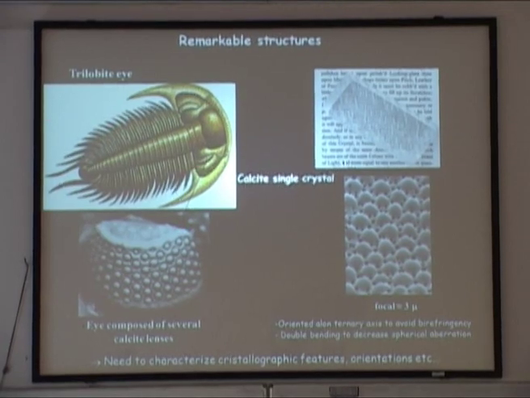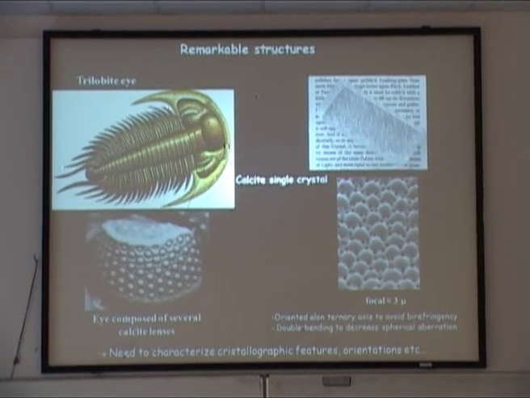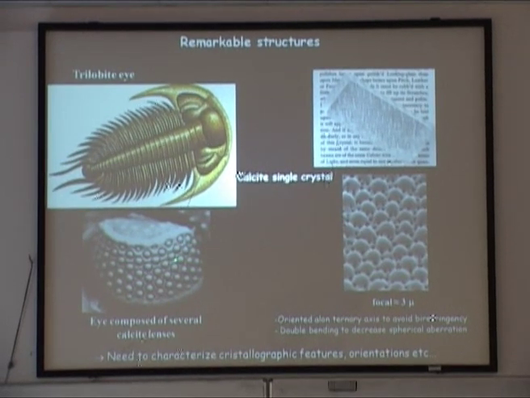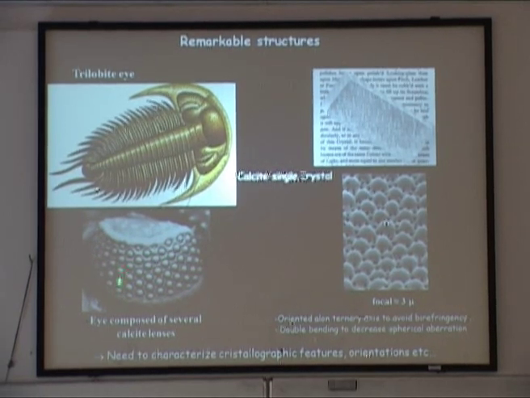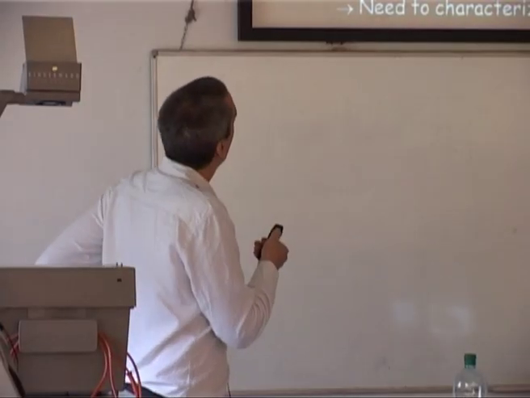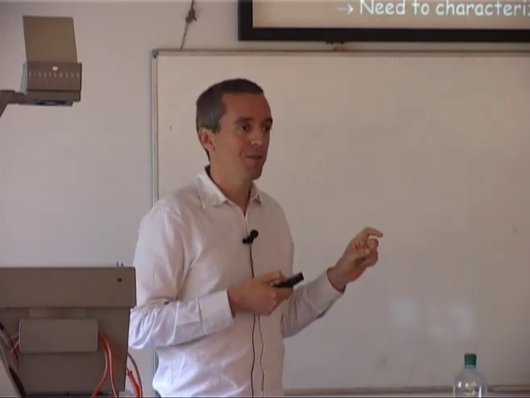This trilobite, they are fossils, of course. Sometimes the eyes are preserved, and that's how they look by scanning electron microscopy. And you see these eyes are composed of different units. Each single unit here is a lens, a single eye. And these single lenses are calcite crystals.